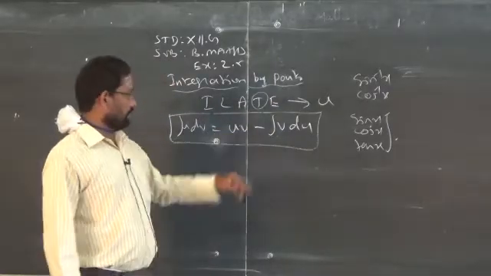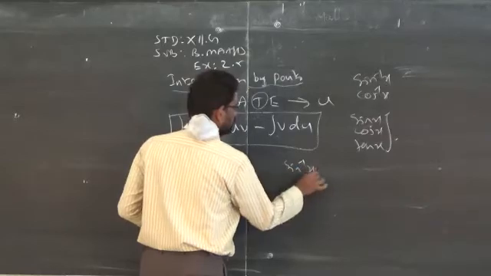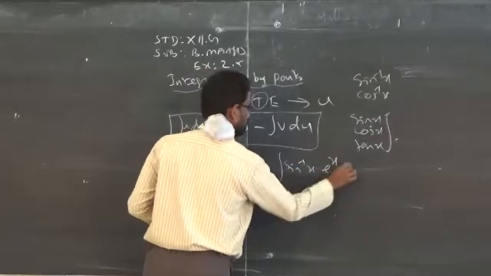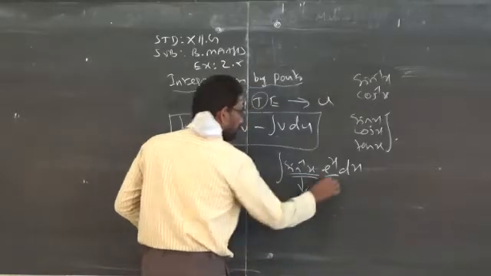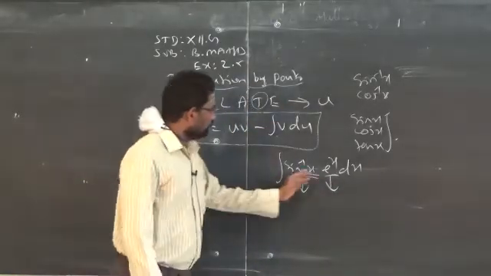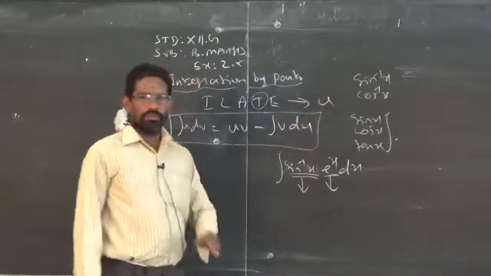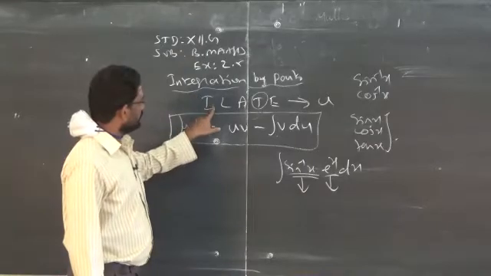You should be in order. So you may have questions like this: integrate sine inverse of x into e power x. You have two factors, both of which can be U. So which one out of these do you consider as U? Very simple. That's what I wrote: ILATE. I stands for inverse.